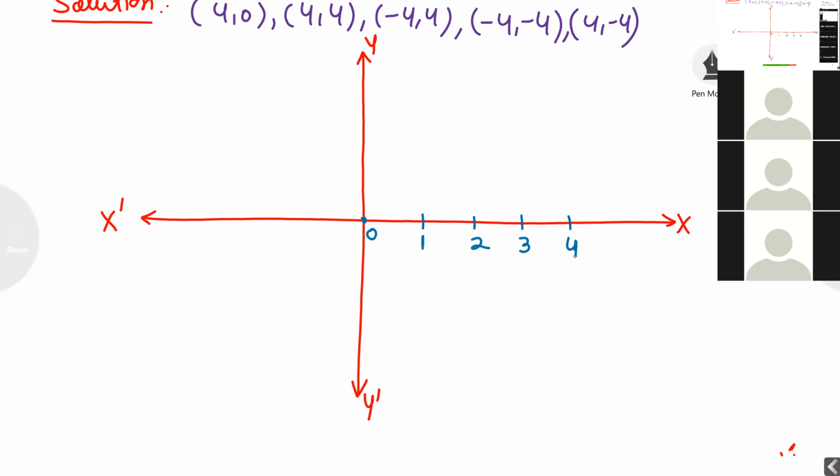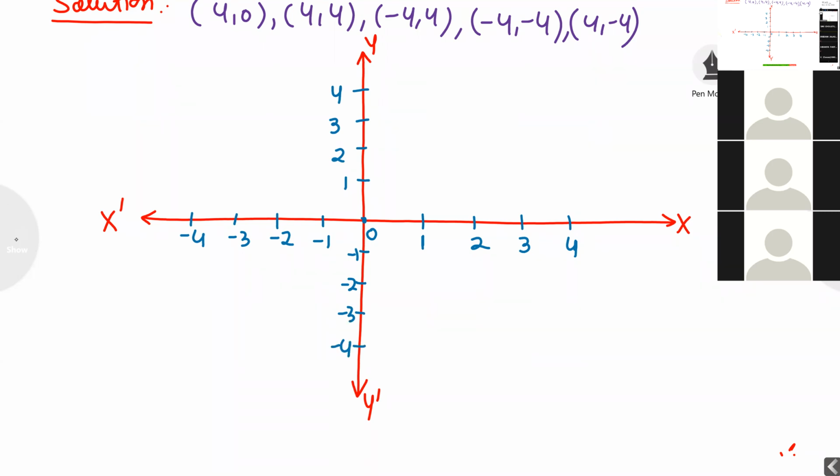Minus x highest value minus 4: minus 1, minus 2, minus 3, minus 4. Plus y highest value 4: 1, 2, 3, 4. Minus y highest value minus 4: minus 1, minus 2, minus 3, minus 4.